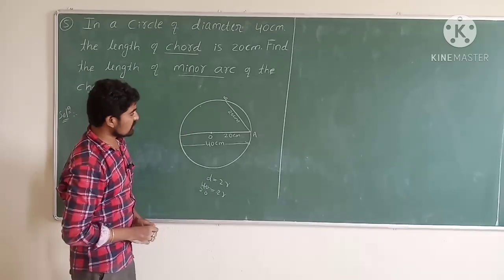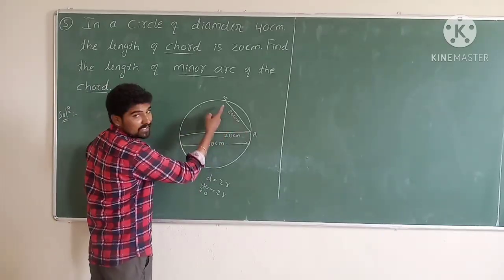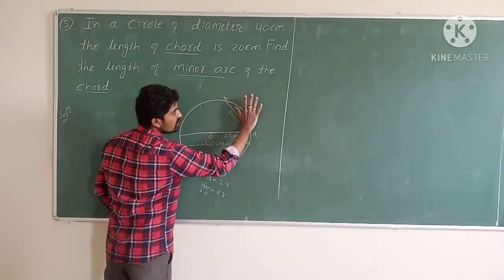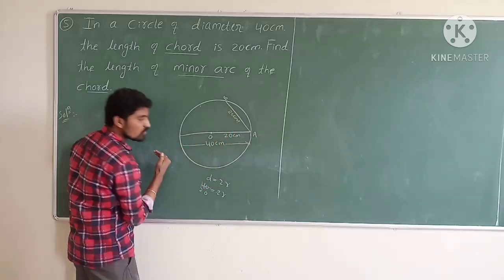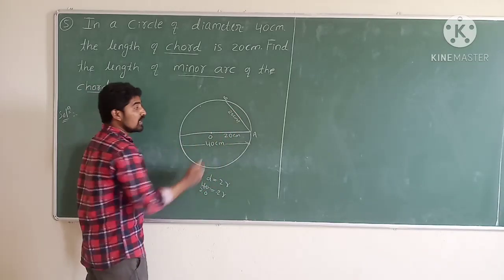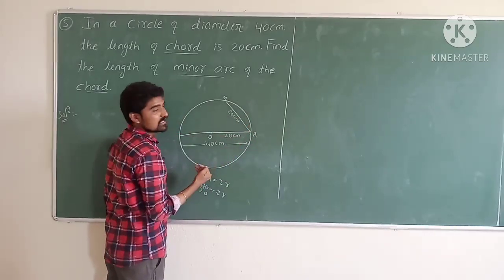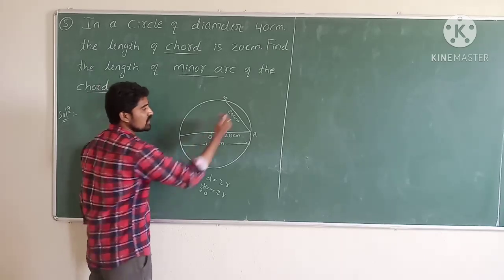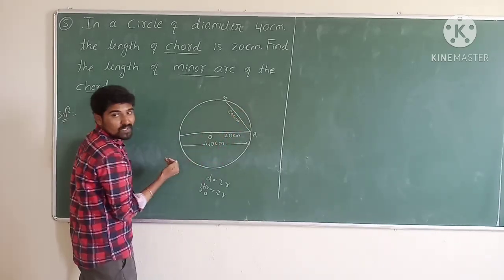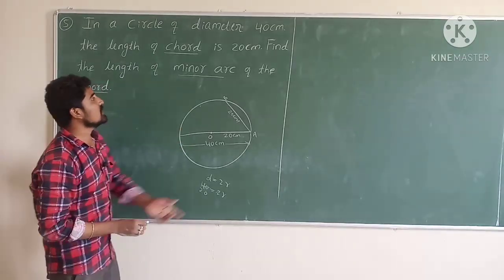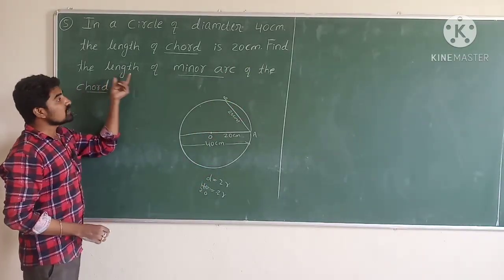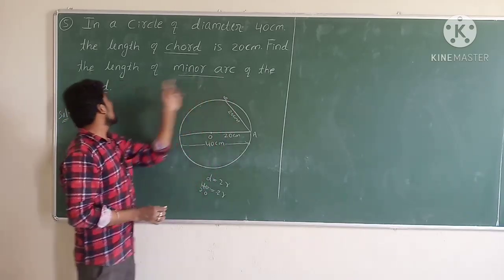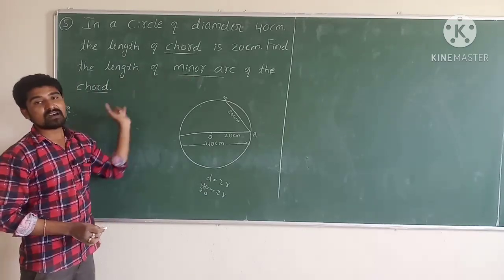Now you just observe here, this chord AB divides this circle into 2 parts. ಈ side ಒಂದು part of the circle, ಈ side ಒಂದು part of the circle. ಇದಕ್ಕೆ ಮೈನರ್ ಆರ್ಕ್ ಅಂತ ಕರಿತೀವಿ, ಈ ಸೈಡ್ ಮೇಜರ್ ಆರ್ಕ್. Small is minor arc, bigger is major arc. So the question is: find the length of minor arc of the chord.